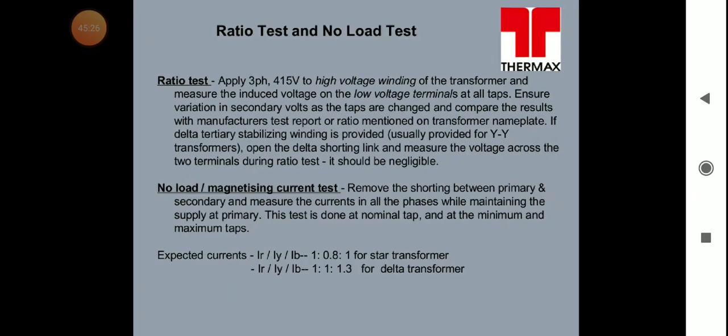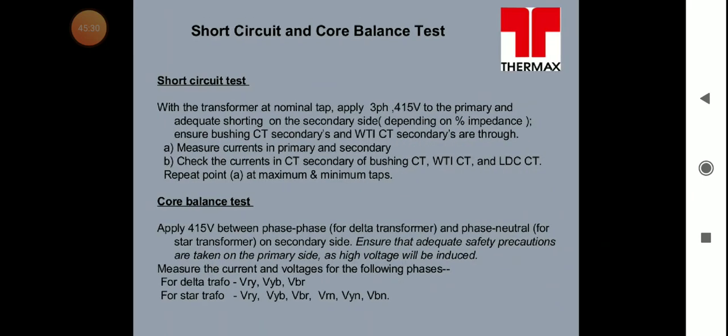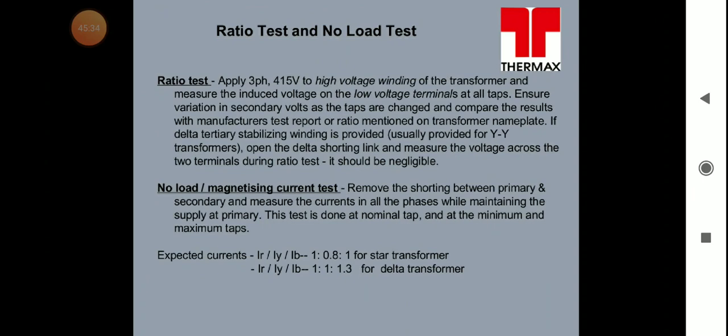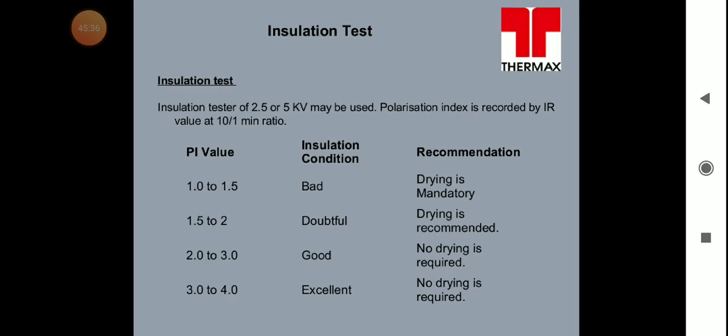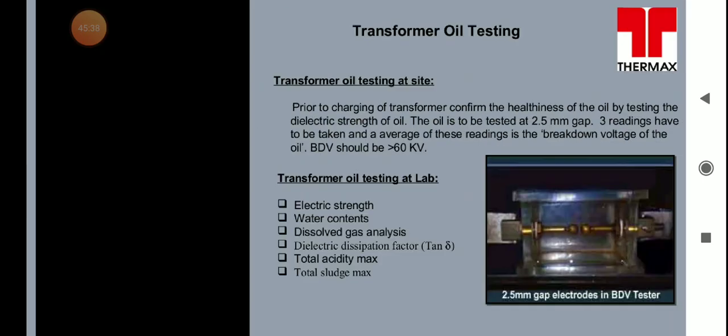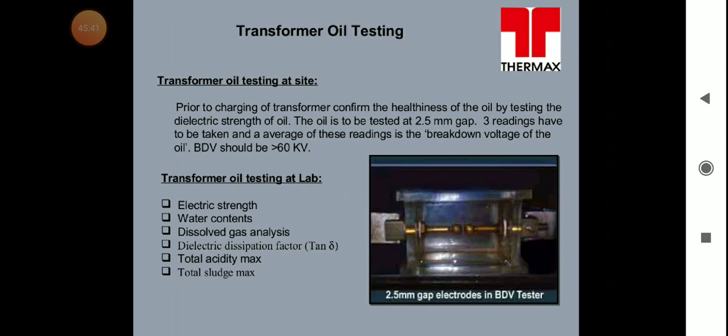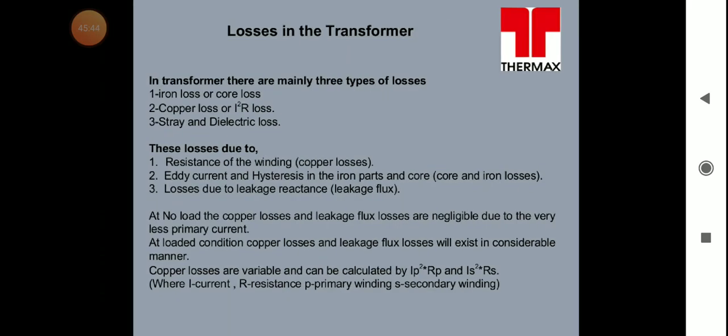Now we may have so many things that are not needed for us. We can see short circuit and core balance test, ratio test, short circuit test, insulation test, and transformer oil testing also. Why am I showing this? In order to understand what practical things we may have.